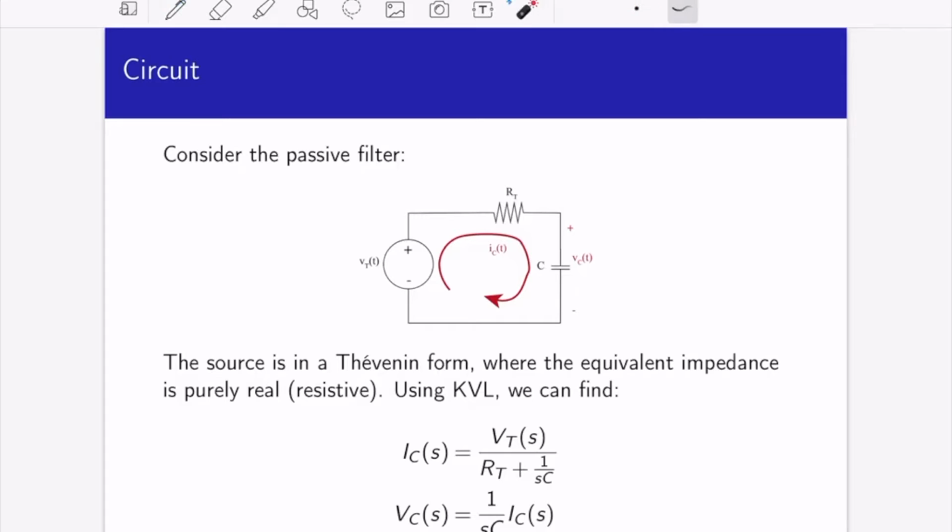is equal to 0. Solving that equation for I_C, we get I_C(s) is equal to V_t(s) over R_t plus 1 over sC. We can look at the voltage across that capacitor, V_C(t), or in the s domain, V_C(s), which will be equal to 1 over sC times the current through the capacitor, I_C(s).